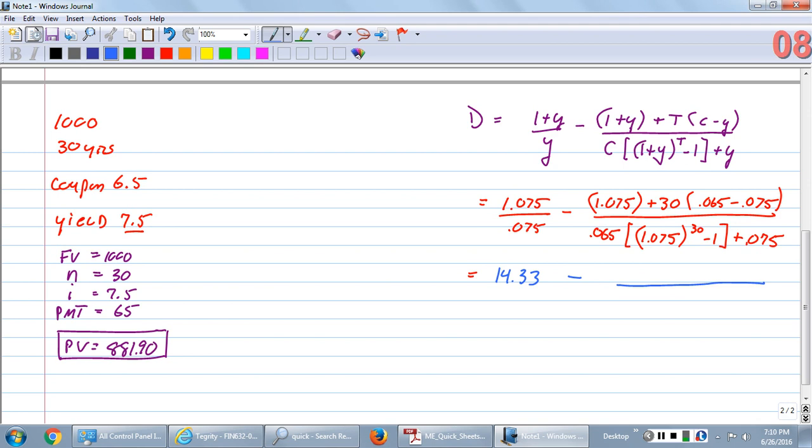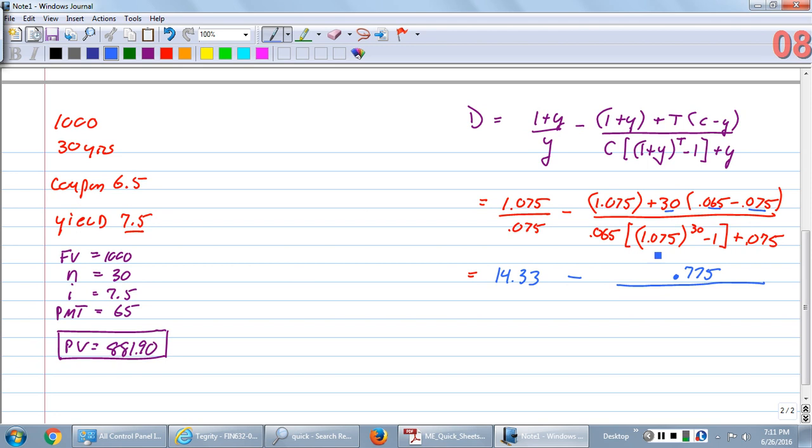So in the numerator, all that comes to 0.775. As a reminder, I focused on the parentheses first, 6.5% minus 7.5, which gave me negative 0.01, I believe. Multiply that times 30, and then added 1.075.